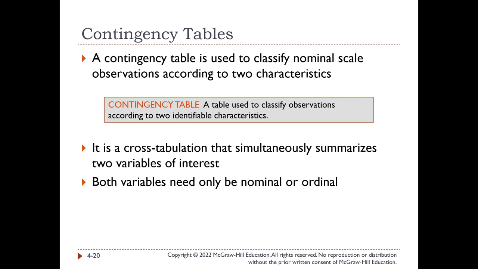Typically we usually use 2, but it can be more. We're not going there right now. It is a cross tabulation that simultaneously summarizes the two variables of interest. Both variables need only to be nominal or ordinal, so it can be ranking or just words as they go.